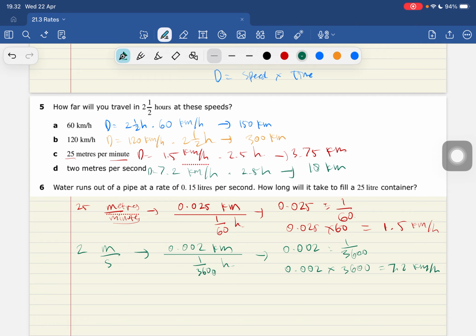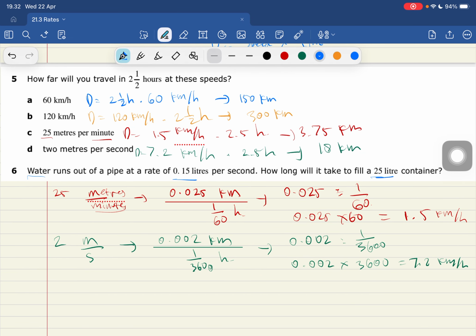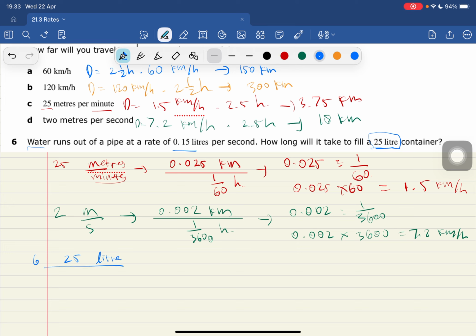Okay, next. The water runs out of a tap at a rate of 0.15 liters per second. How long will it take to fill a 25 liter container? So we can just make it here, number 6 is 25 liter, and here is 0.15 liters per second.